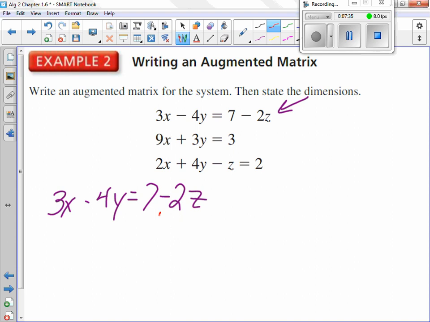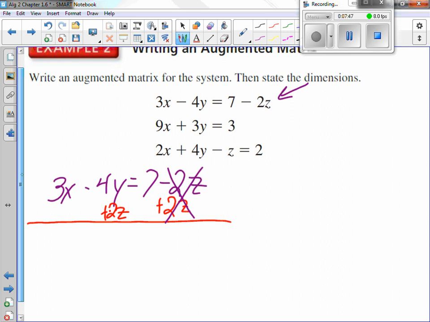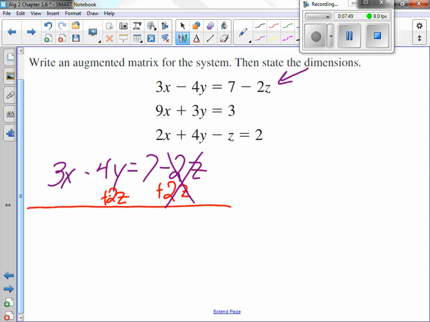So I can add 2Z to both sides. Negative 2Z plus 2Z will cancel. Now, does 2Z have any like terms on this side of the equal sign? No. 3x minus 4y plus 2z equals 7.